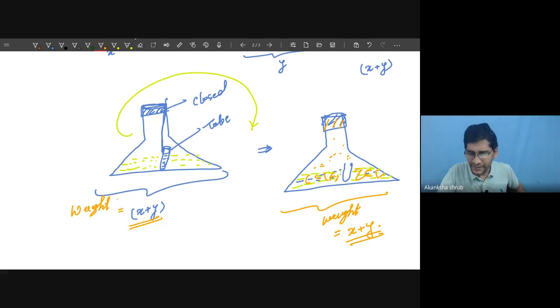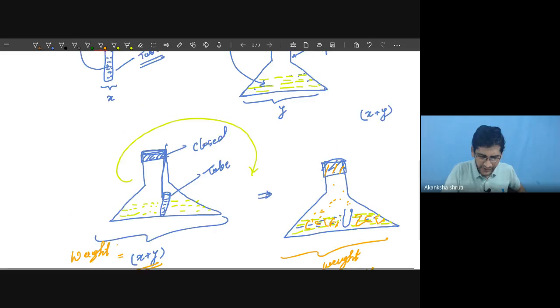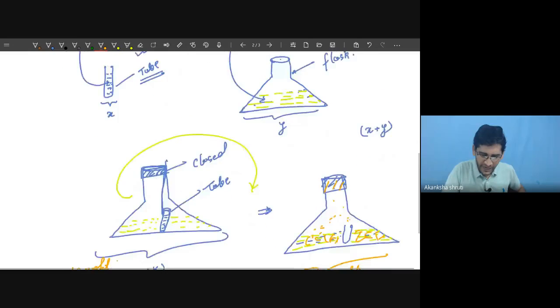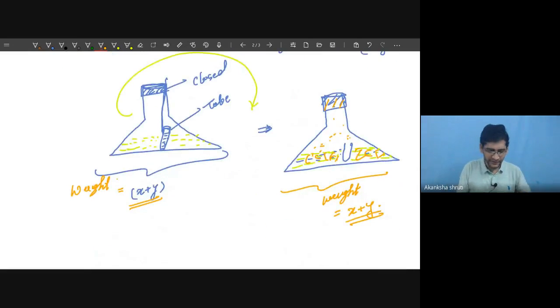How is it confirmed that the chemical reaction had happened? By the change in the color, by mixing of this tube's content with the solution of sodium carbonate in the flask.